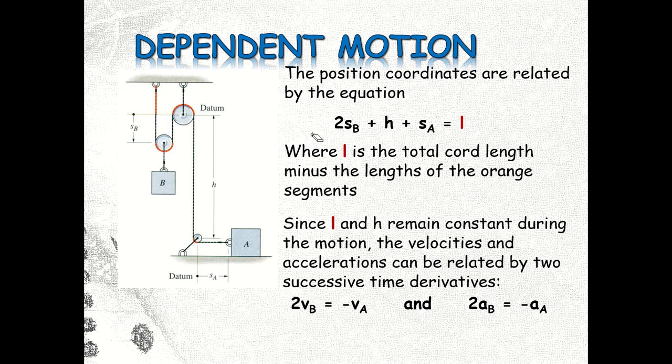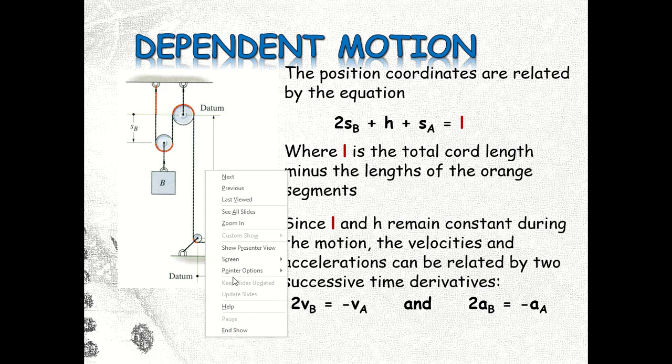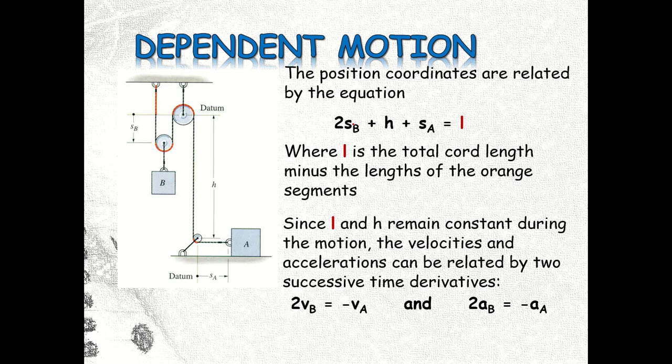When you take the derivative of this, the derivative of a constant is zero, so you just take twice the derivative of SB with respect to time, which gives the velocity vB.